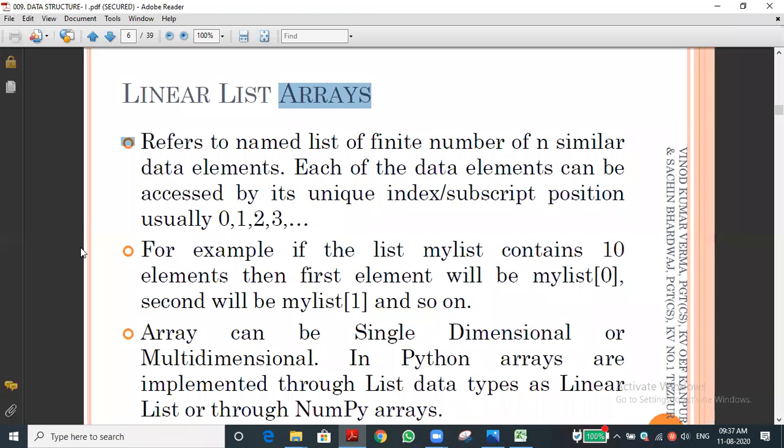The index is also the same, it starts from 0. But the difference is integer array means integer only, character array means string data type only, and float array means we should store only floating point data. Have you understood? Yes, sir.